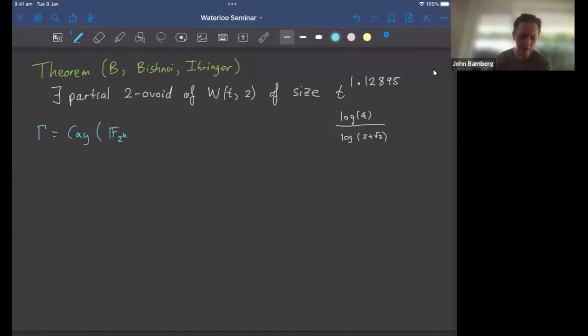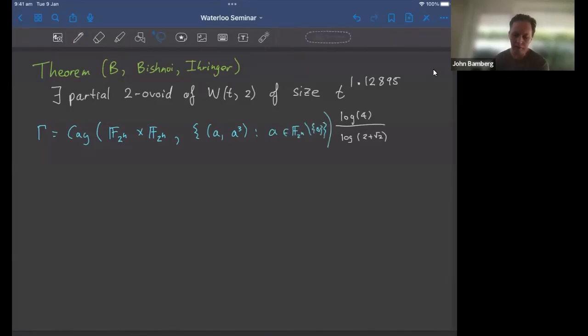Where we think of using F2 to the h, the direct product with itself, as an abelian group, and you take this joining set, A, A cubed, where your A is non-zero. This is a famous graph.